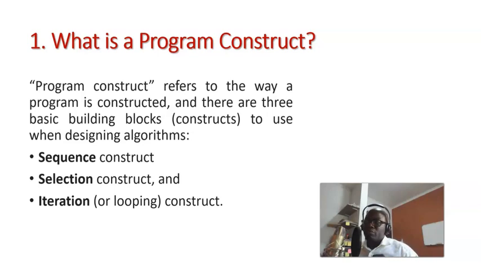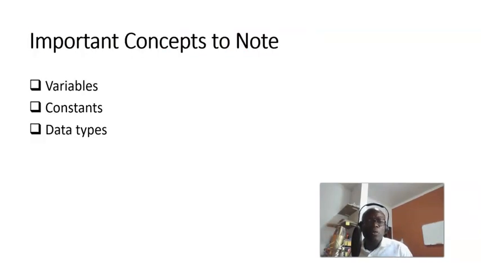Another basic building block is what is known as a selection construct, and thirdly, the iteration construct, commonly known as a looping construct. In this first part, I won't go so much into these three constructs, but I want us to look at some fundamental concepts we need to understand first. Important concepts to note are variables, constants, and data types.